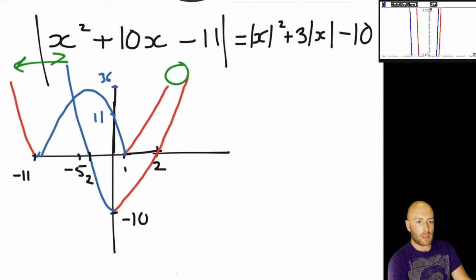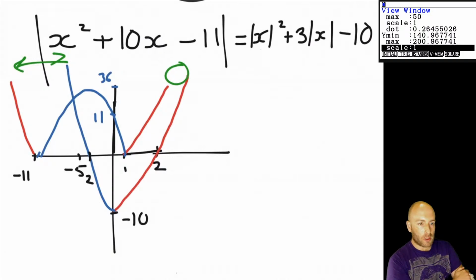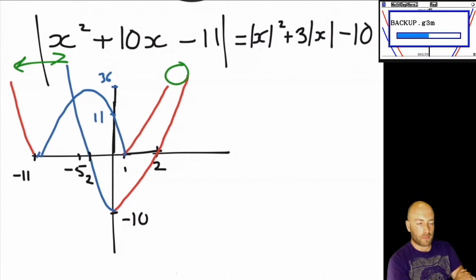It looks like they're not going to converge, but if we go higher with our y values, if we go up to 2000, we can see that the blue does stay on top and the red does stay on top of the other part. So it looks like they only cross once, which is going to be the reflected parts of both, which does make this a little bit harder to solve.